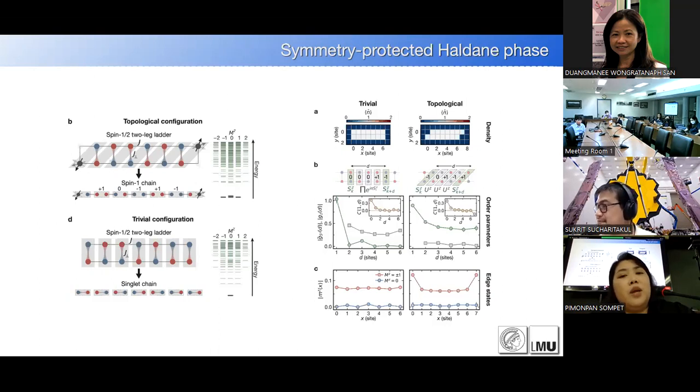So the one that we do here is we try to simulate a spin-one chain. I'm not so sure, can you do a spin-one chain in the solid state as well? Spin-one chain, I think that would be more correlated to what you call the Kitaev chain.